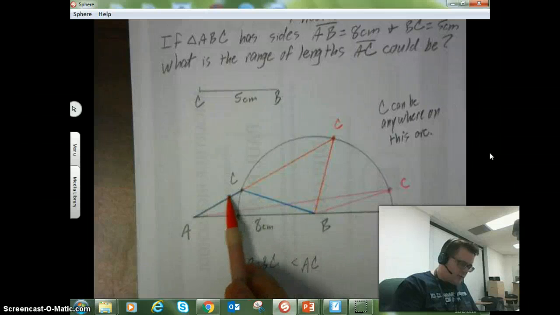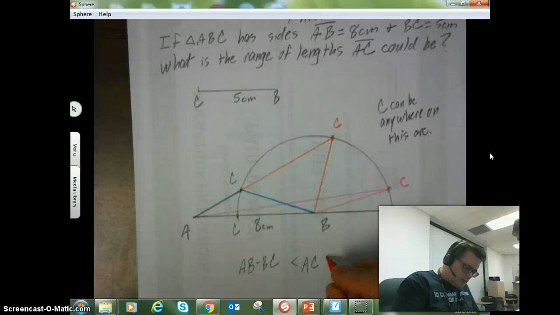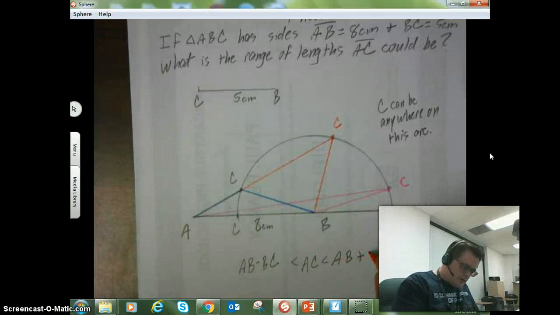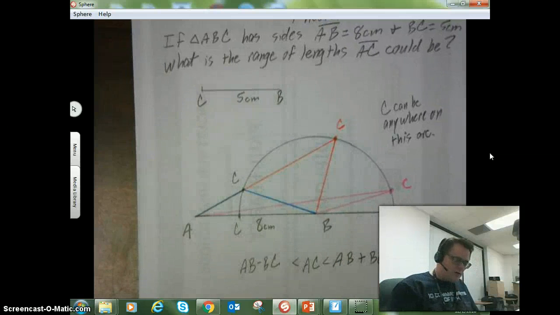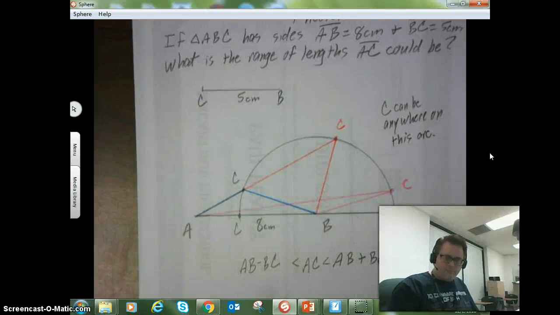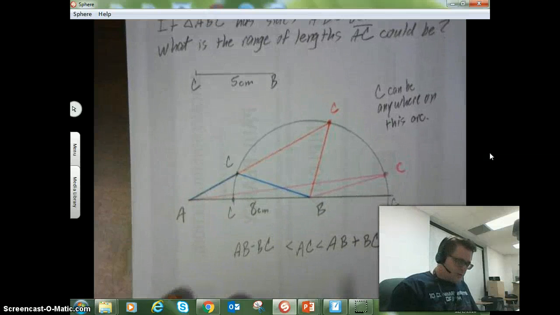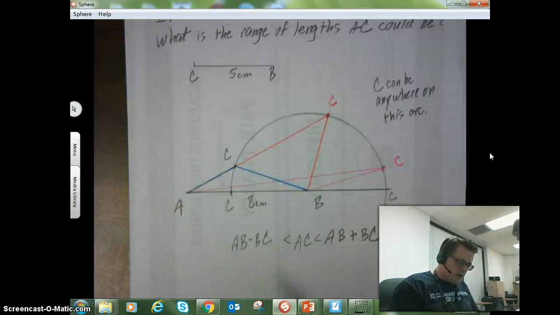We don't have a triangle. But the other way, going to the other extreme, the third side would have to be less than whatever AB plus BC worked out to be. Because when I added the two together, we wound up with a straight line again, and we can't have a triangle if the same three points are collinear. So this is essentially what we look at here.